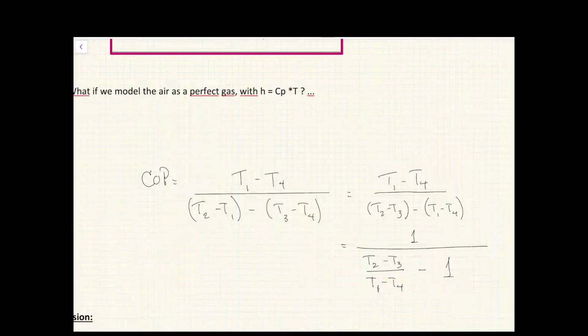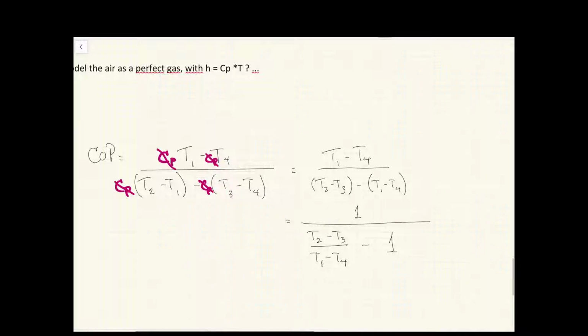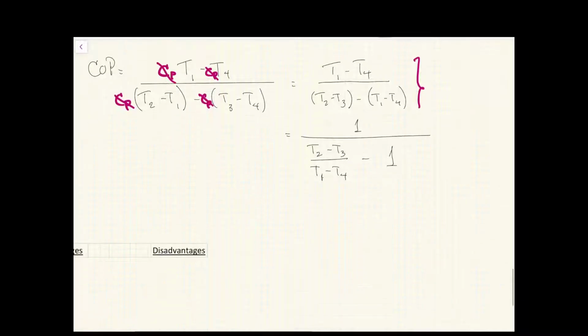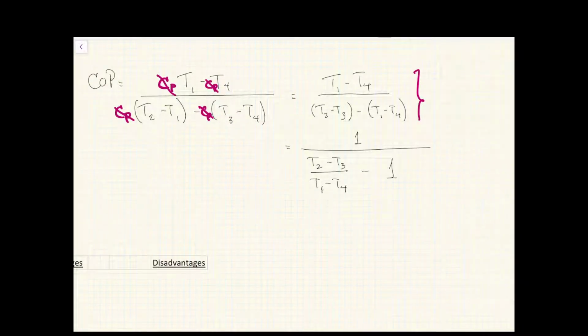Let's just use red again so I can remove it easily. CP's here, CP's there. All the CP's are going to cancel, which is why I had done that. And I've rearranged the temperatures on that side to factor out the T1 minus T4 in the numerator. And I get this nice final result in terms of temperature.